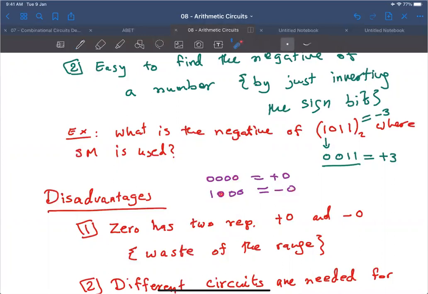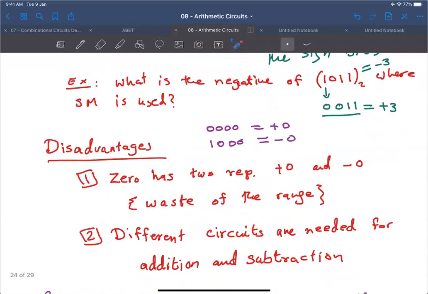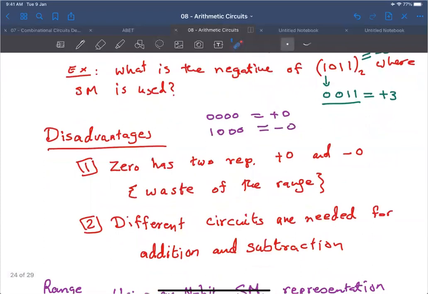Why do we need to have minus 0? We don't need it. We could have used this to represent another number, to increase our range. The other disadvantage is that we have to use different circuits for addition and subtraction.